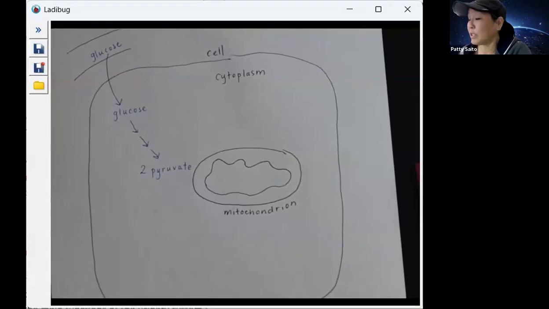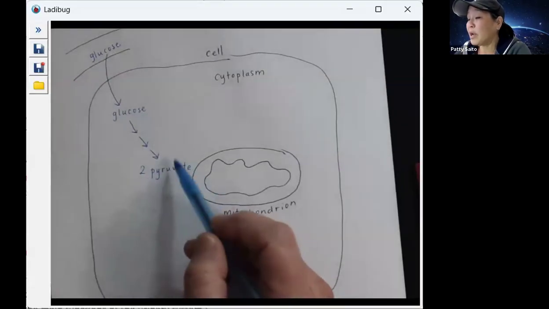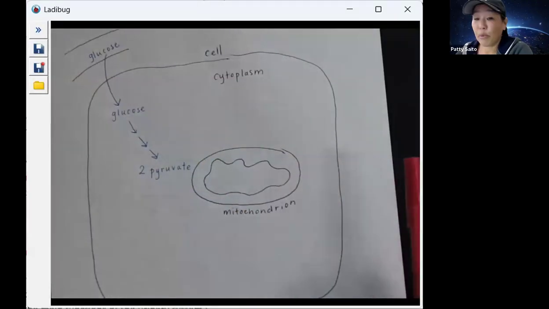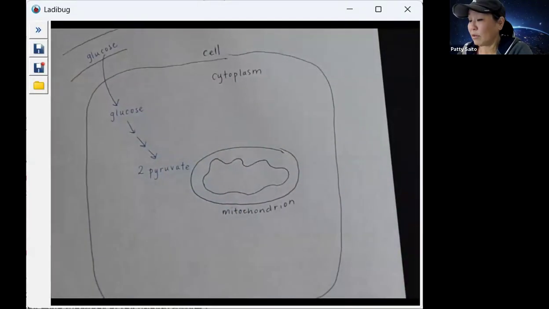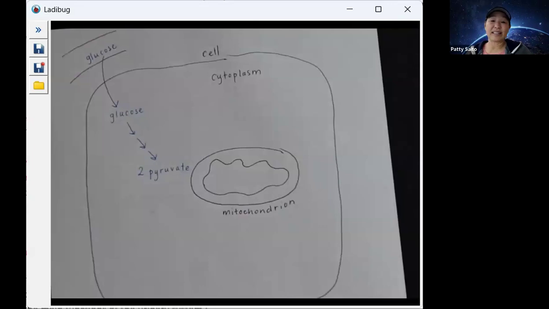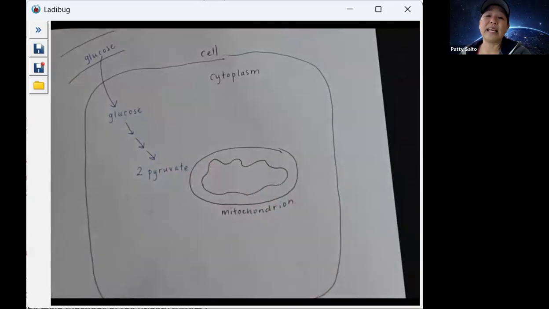Glycolysis means breaking apart a glucose molecule. Glucose has 6 carbons in it. It's got hydrogens and oxygens in it also, but it's got 6 carbons. And so what we end up with are 2 molecules that are 3 carbons each. It kind of splits it apart. And a pyruvate has three carbons in it.